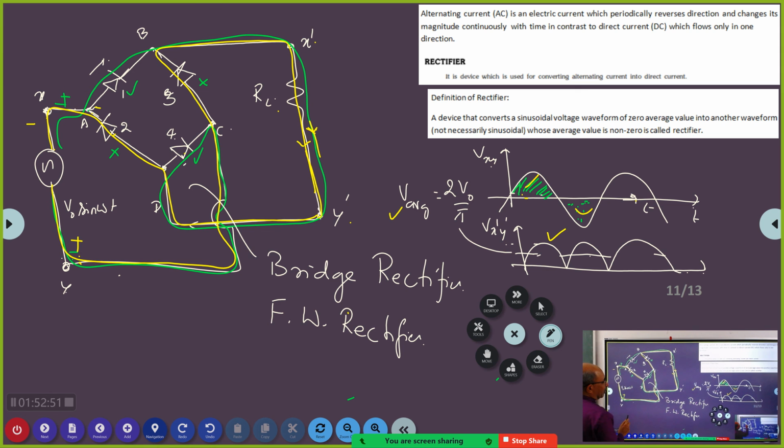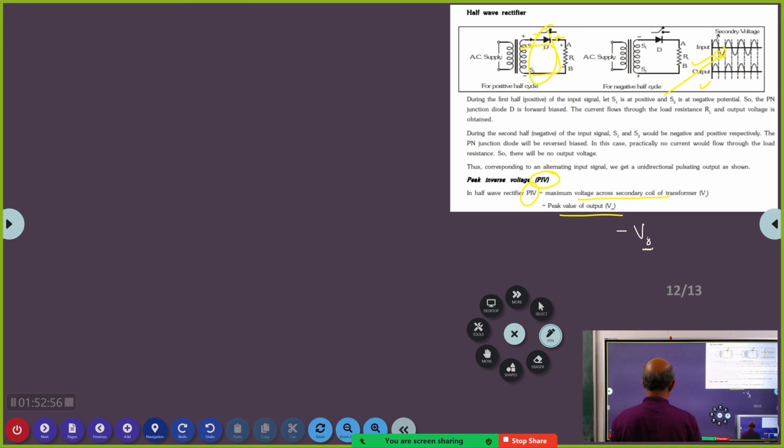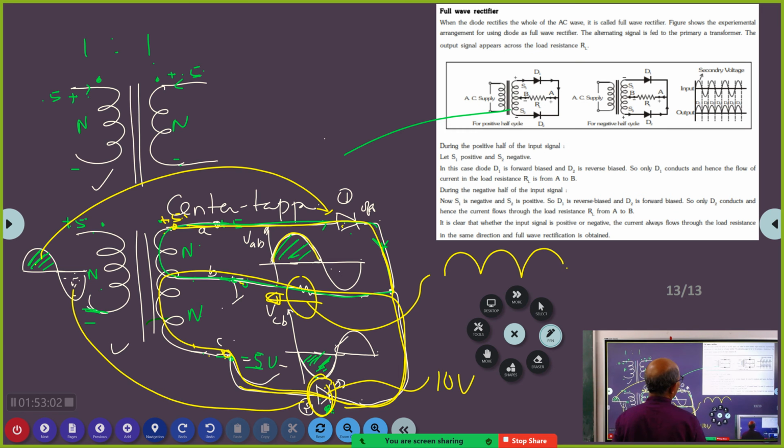But in this case, the peak inverse voltage of each diode has to be double the transformer voltage. So these are the calculations that you have to do. Anyway, we'll take some numericals, and there you will understand it. You will find the differences between these two configurations. If you know the theory, then you can handle all of them very easily.